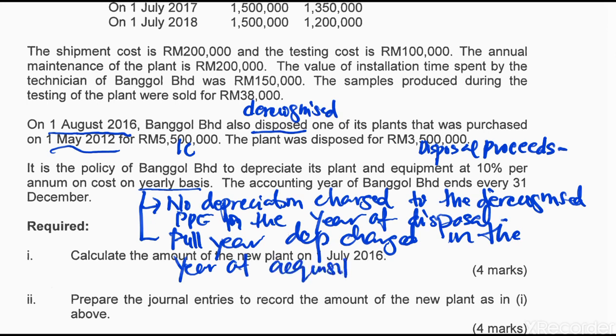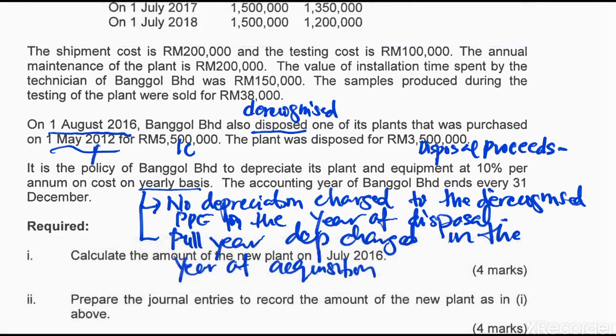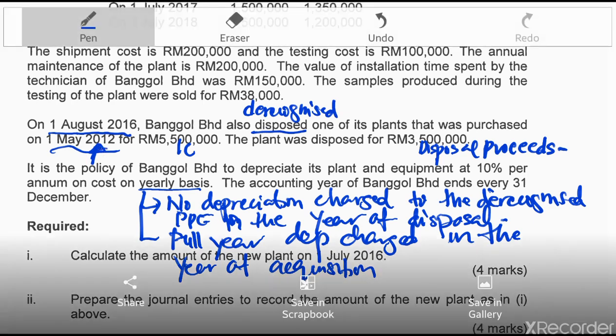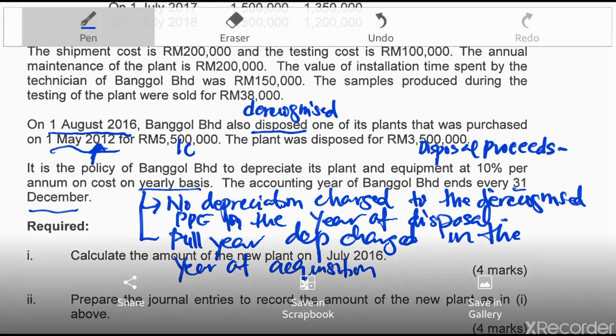acquisition. So let's say if you acquire the asset here on 1st of May 2012, in the year 2012, which ends on 31st of December, you are going to calculate depreciation for the whole year, even though it was on 1st of May that you acquired and it was just a few months before a year.